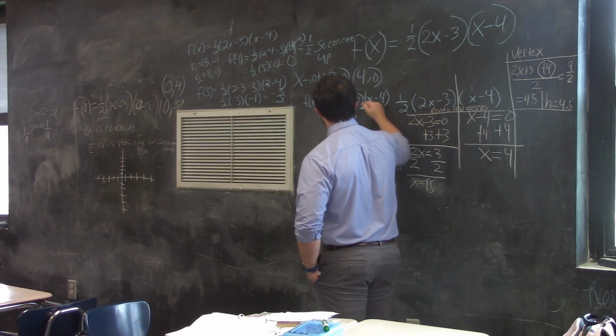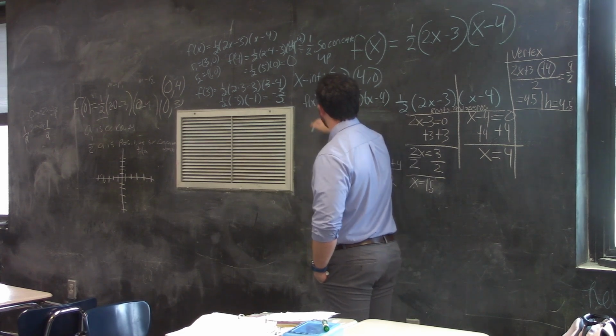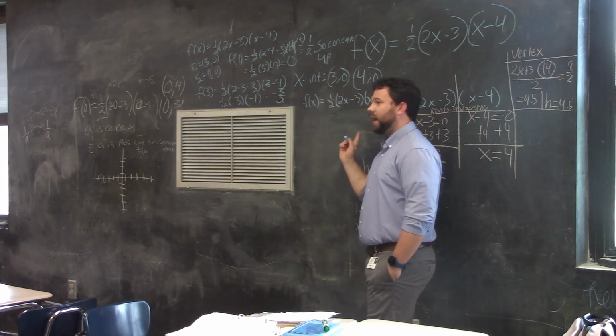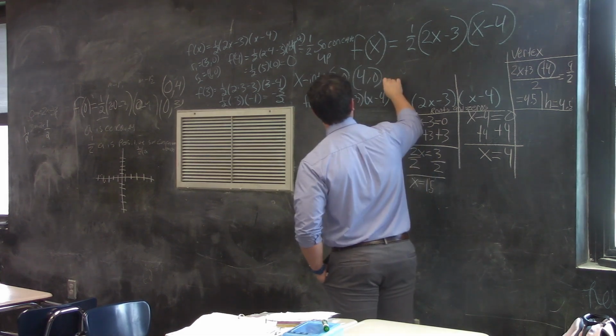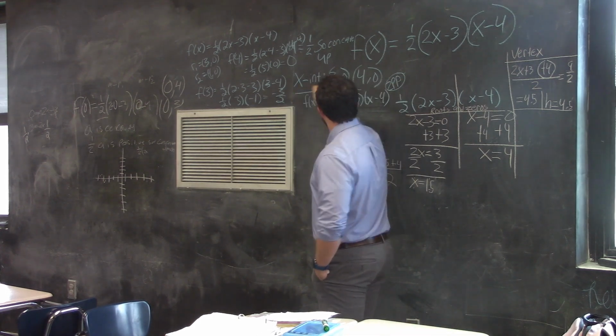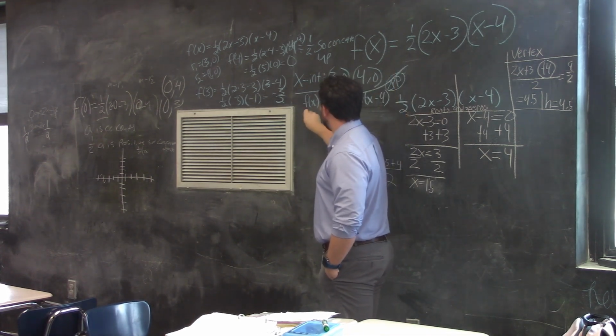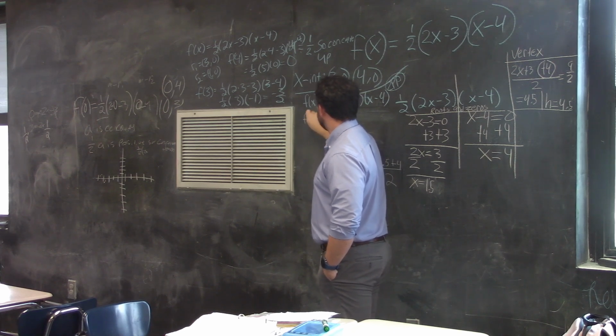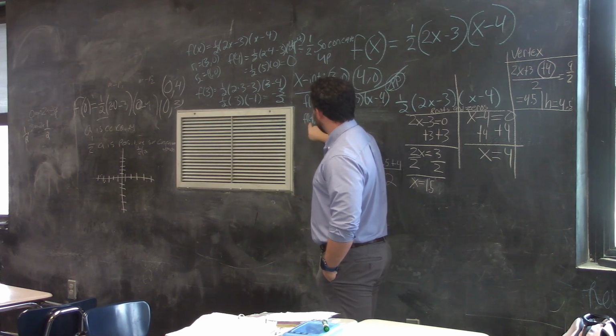This is why I emphasized a really important detail: when we talk about factored form, we're also talking about the zero product property. Notice when I use that 4 right here, f of 4, I'm substituting that 4 in for x.